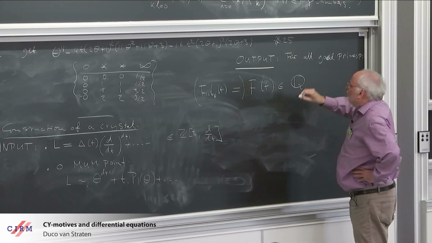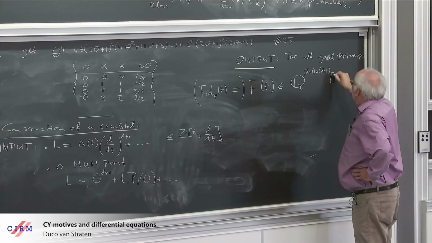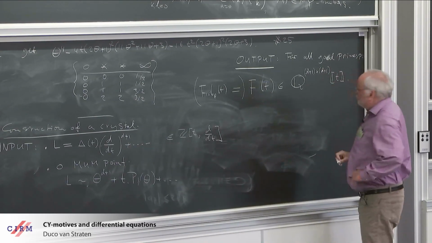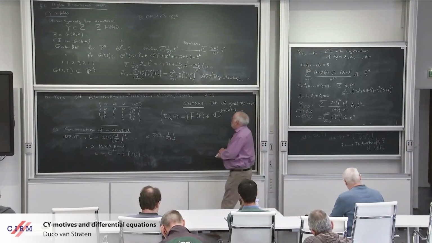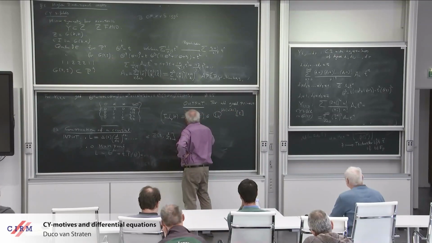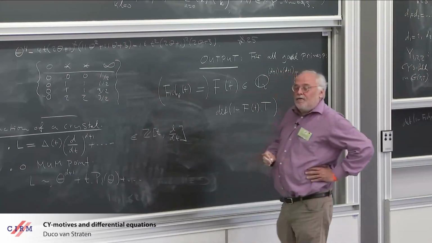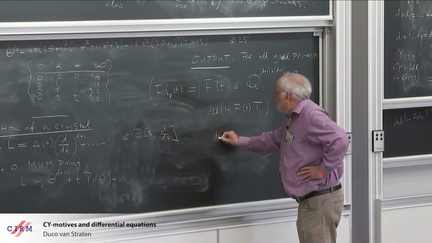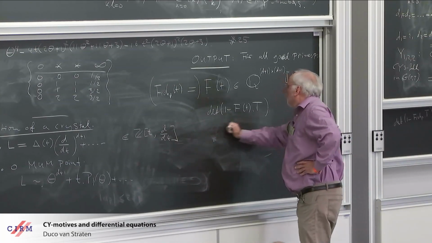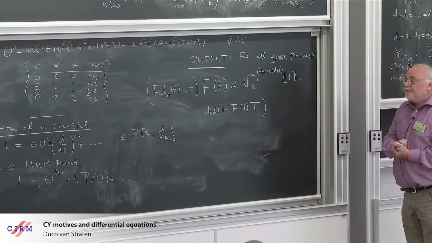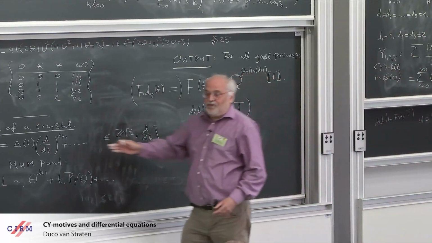It will be a matrix of size such that the determinant of I minus F_t T will be the characteristic polynomial of Frobenius for a family whose Picard-Fuchs equation is this.